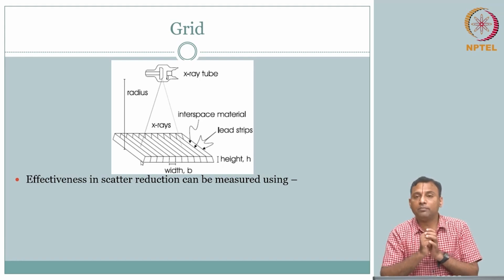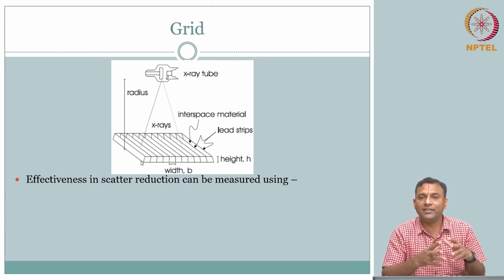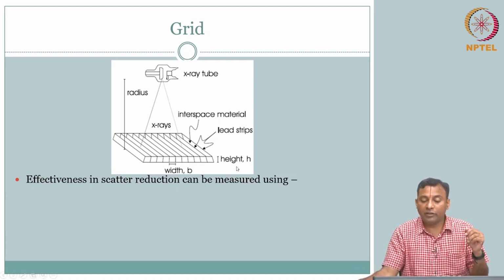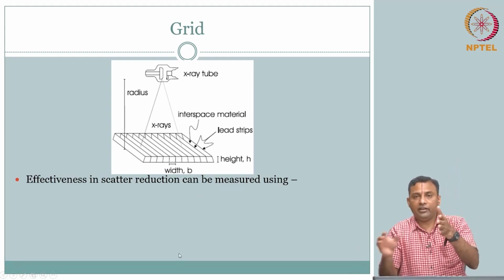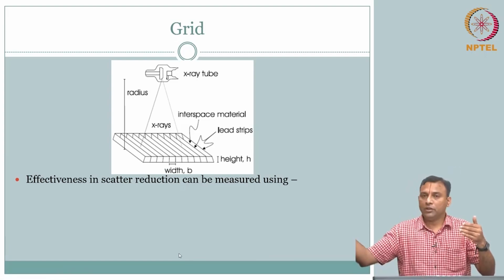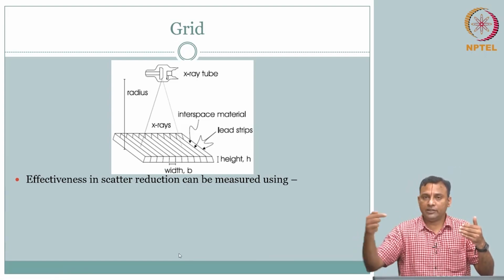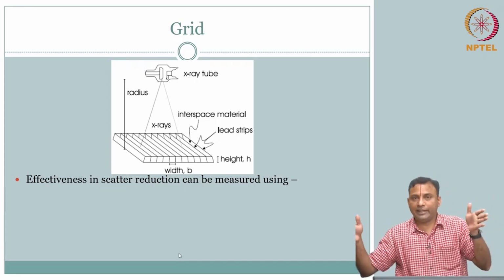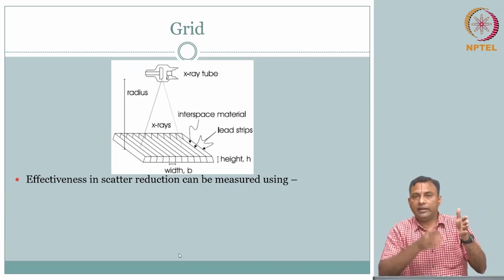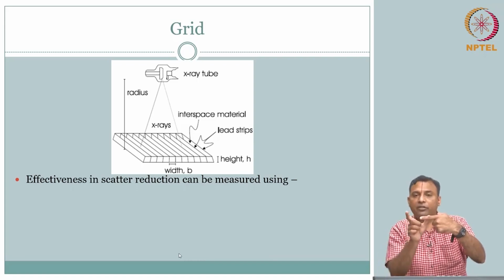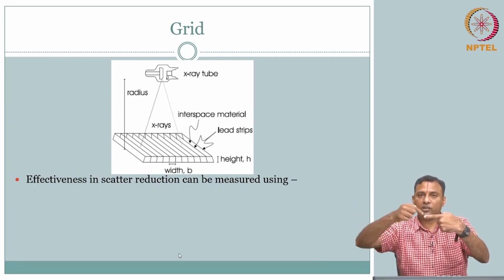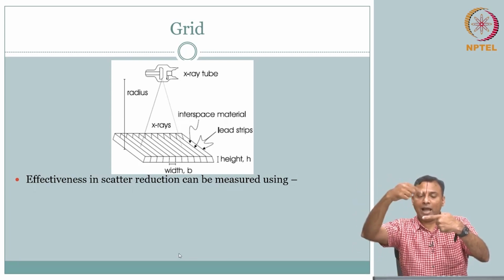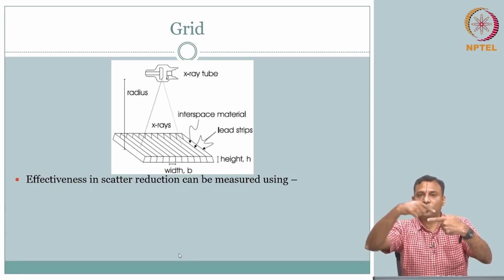So how can I talk about effectiveness? I can do it by intuitively thinking about what is a favorable condition. I have one, H, and the other, B. If this is my source, this is my detector, and I have this grid here, you can think that if the height of the grid is more, then there is a good chance that more angles will be hitting the lead and cannot go through.